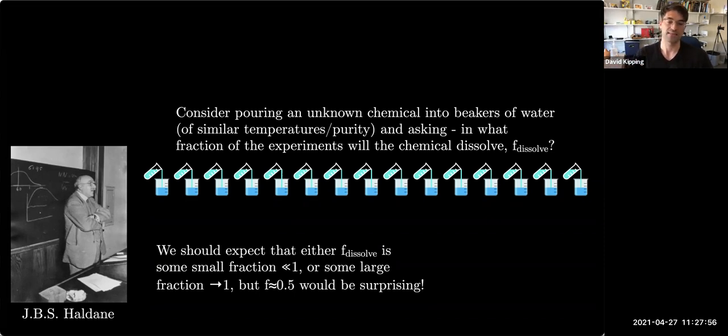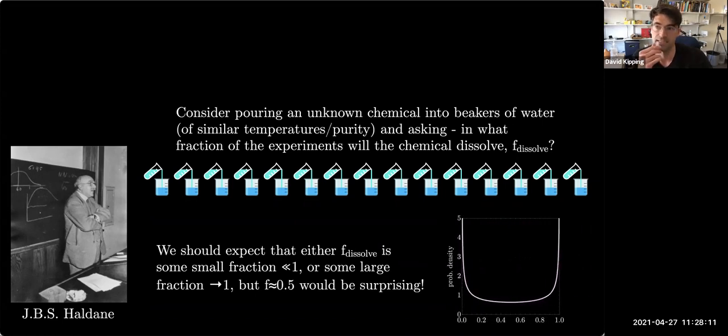And so he said that if you use a uniform prior on F, that puts way too much weight in the middle. You're putting way too much weight at F equals 0.5. You need to be putting much more weight on the extremes of this process. So you'd have a prior that looks like this, that kind of curls up at the ends.